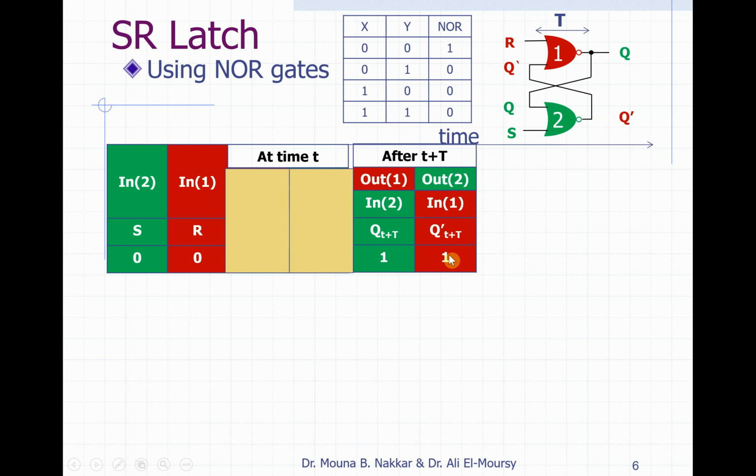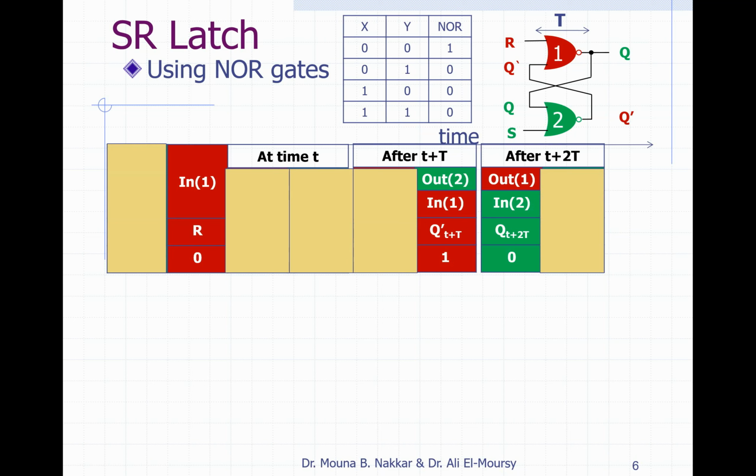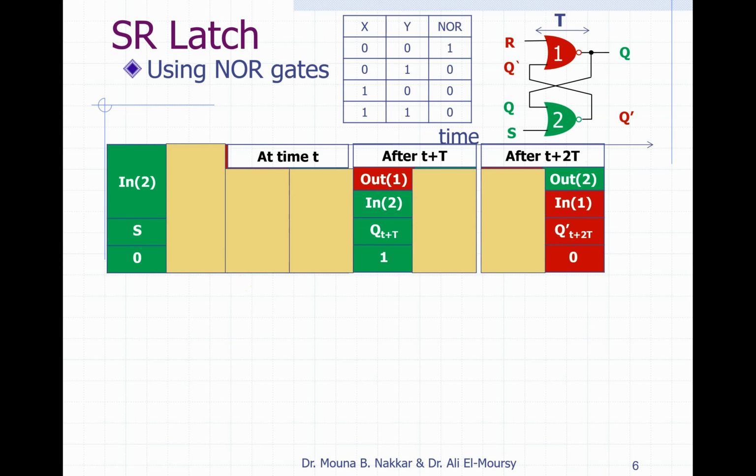If I further do the analysis for the circuit, I can also derive the outputs at t plus 2 tau. And now I have R 0, Q bar 1 at t plus tau. So Q at t plus 2 tau through the NOR, 0, 1 will give me 0. The same thing for the other NOR, 0, 1 will give me 0.